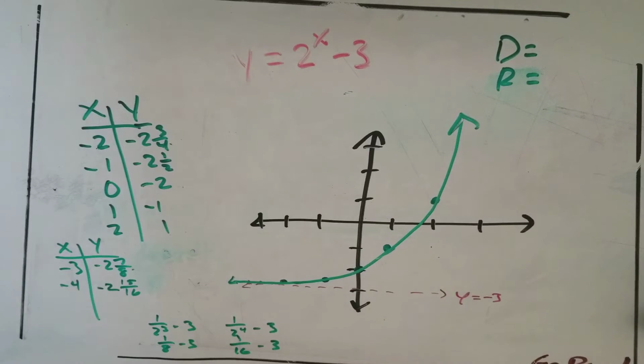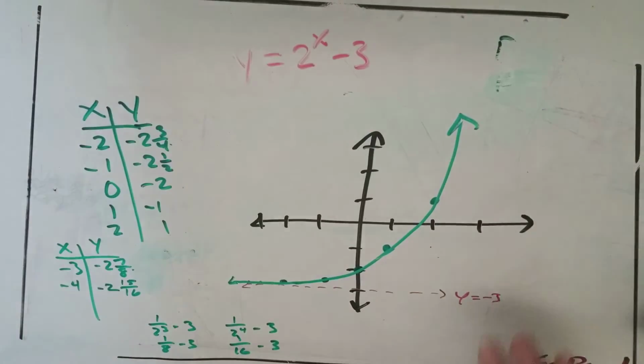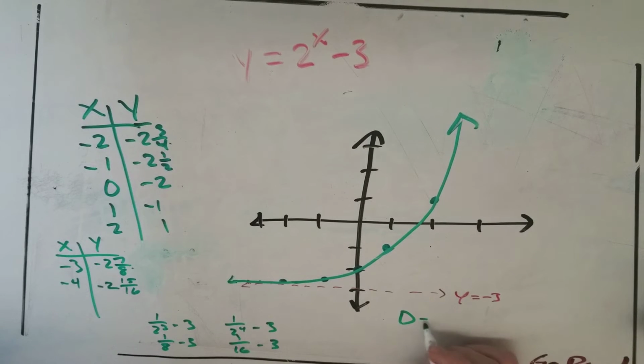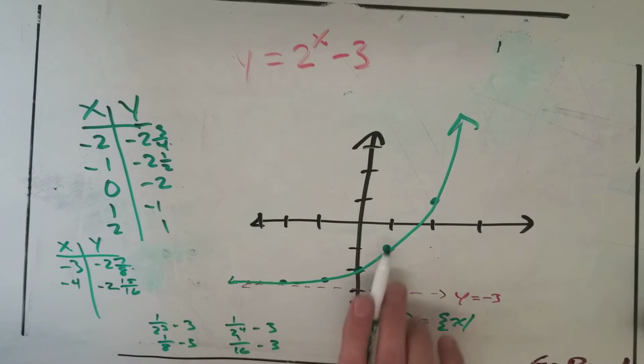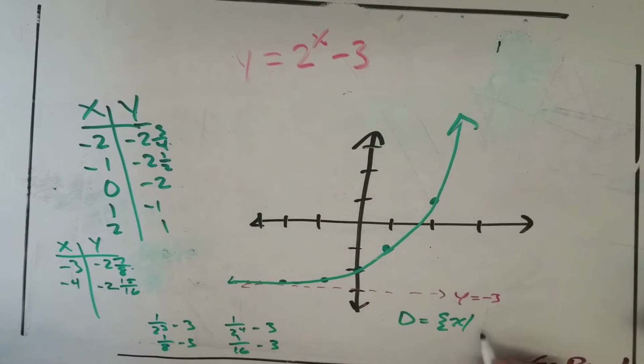And we need to state our domain and our range. So our domain, all of your possible x values, put the domain right down here. Our domain is all values x such that x can go anything to the left and x can go anything to the right. So x could be any number that exists in the set of real numbers.